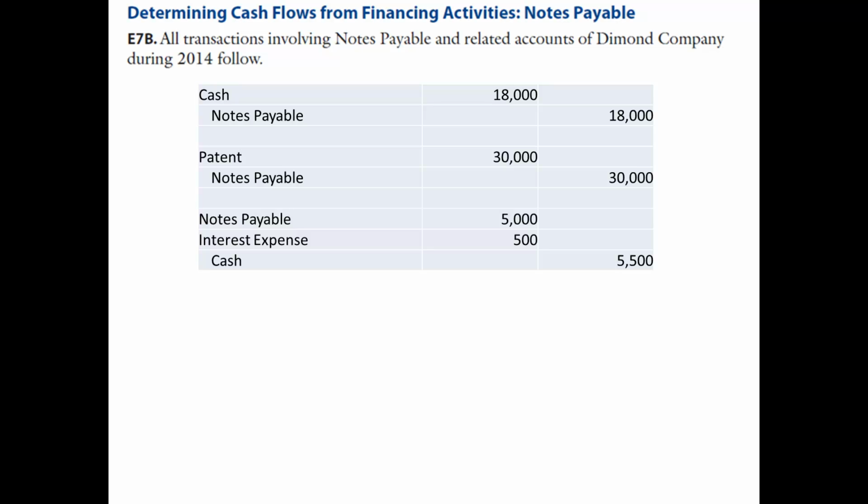So what that means is we went to a bank or a financial institution, we got a loan, and in turn they gave us cash. Then in the next transaction, we purchased a patent, but we didn't purchase it with cash. We went to the bank and got a loan to purchase that patent.